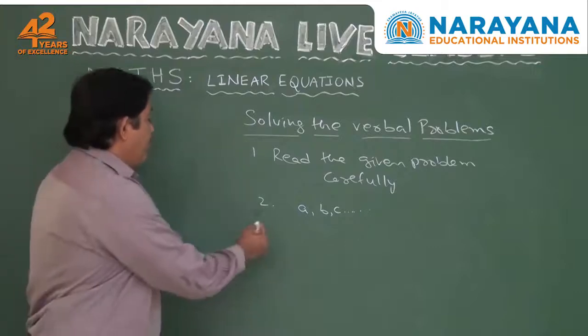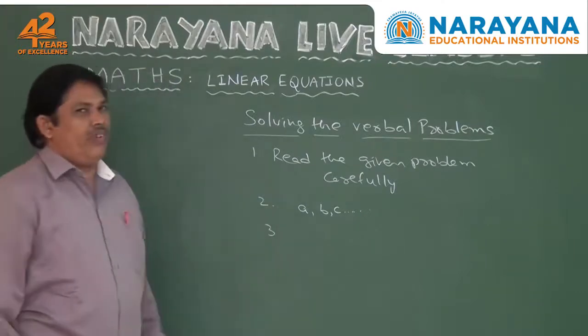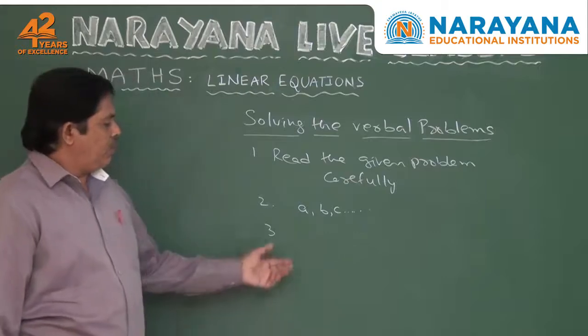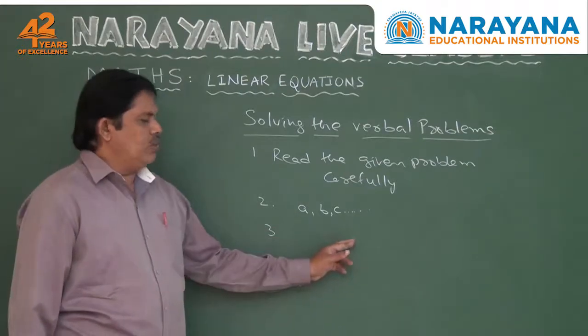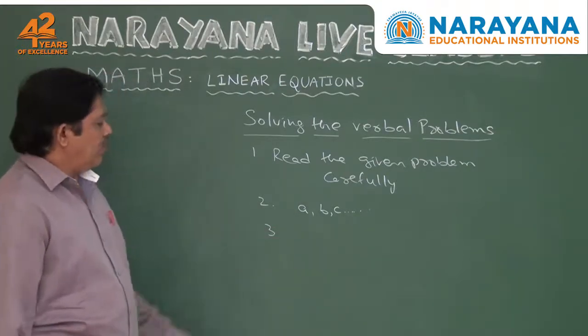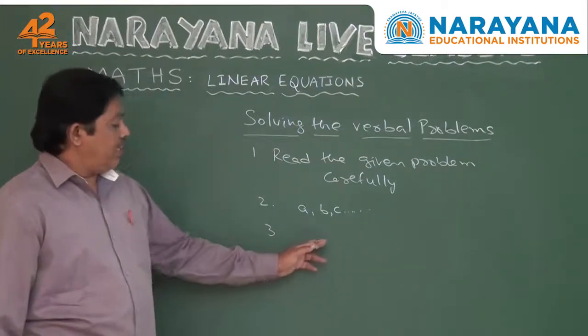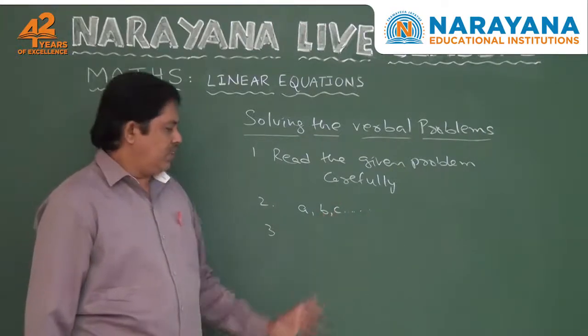So these are all English alphabets. Then, frame the equation using these unknown quantities. When two equations come, note down those two equations. The first equation is considered as equation 1 and the second equation as equation 2.